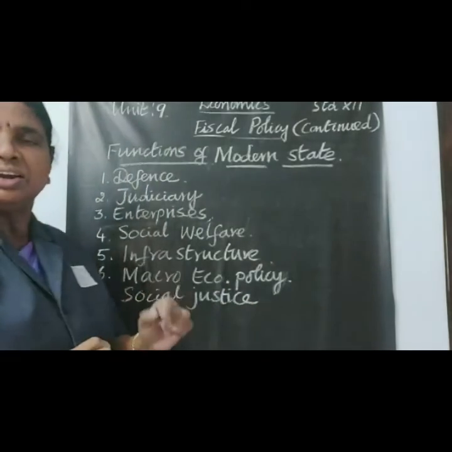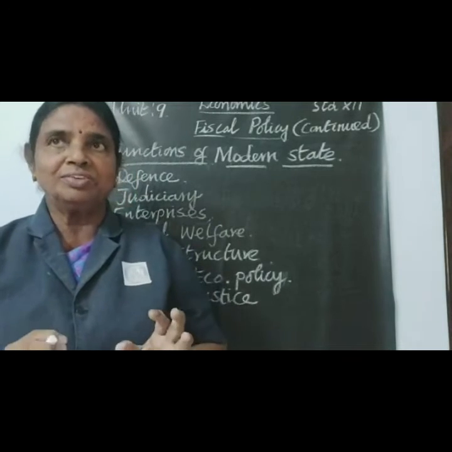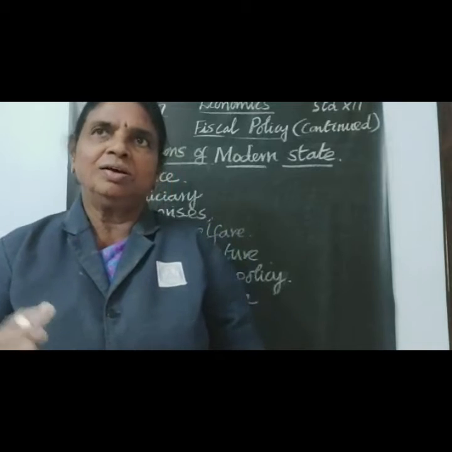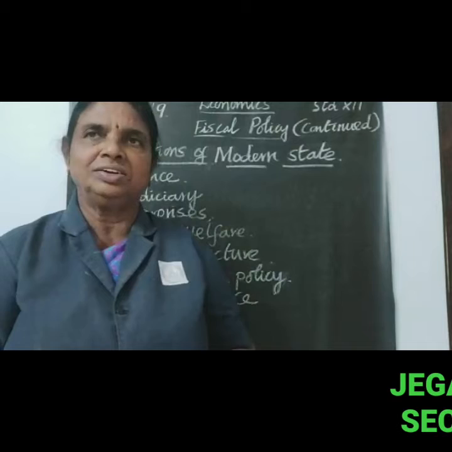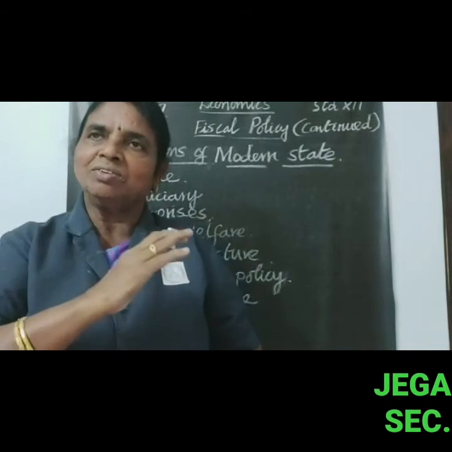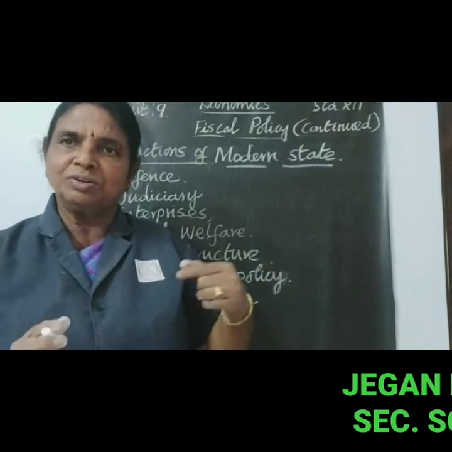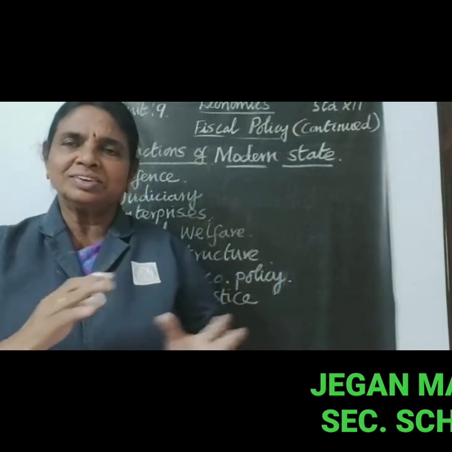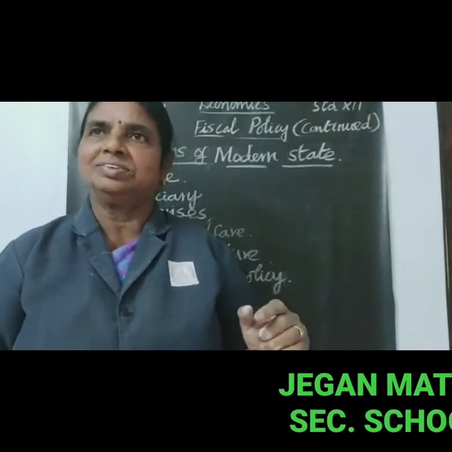So, maintaining social justice is another important function of a modern state. During the process of the growth of an economy, certain sections of the society gain at the cost of others.